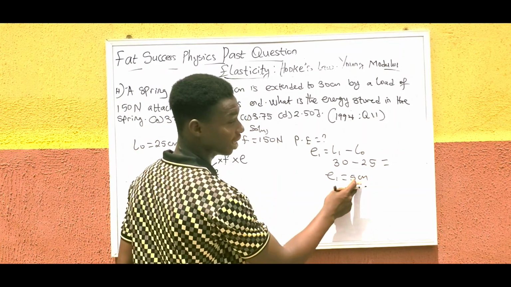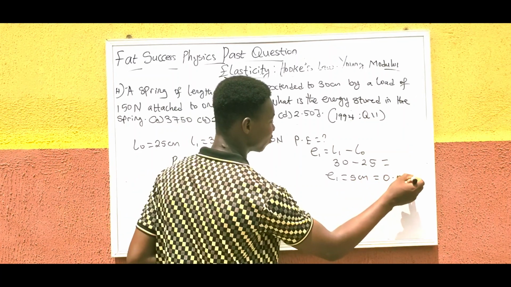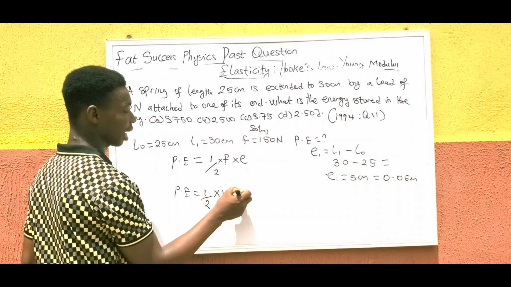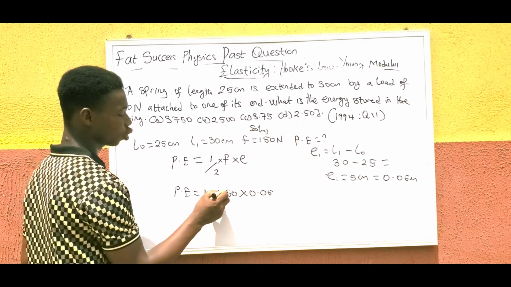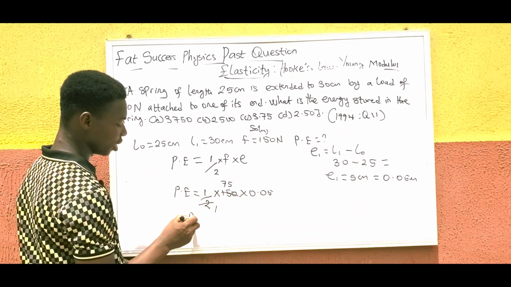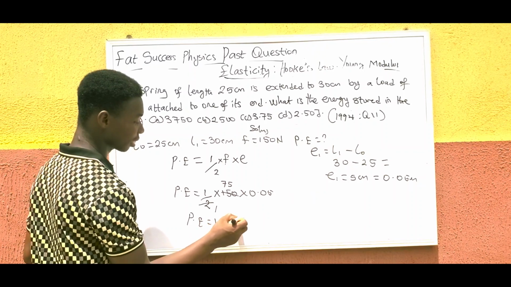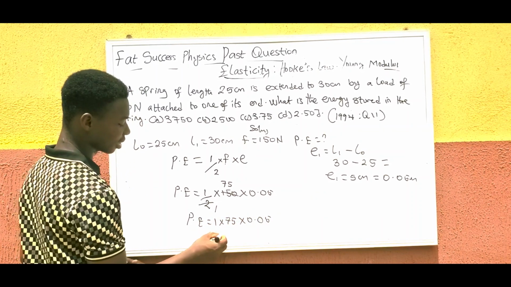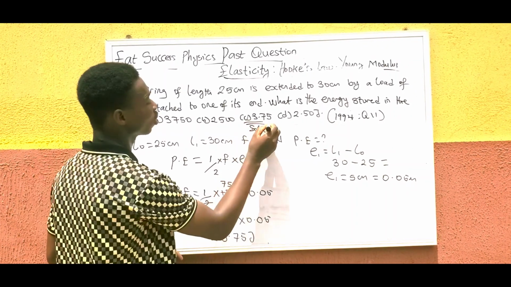Convert our centimeter to meter, which is 0.05 meter. So we can say times 150 times 0.05. Half of 150 is 75. So PE equals 1 times 75 times 0.05, which gives us our final answer as 3.75 joules.